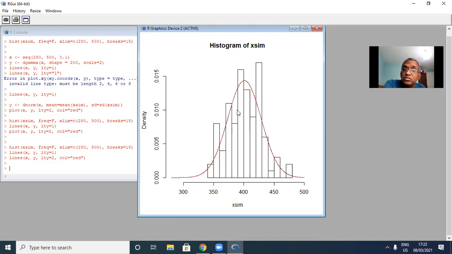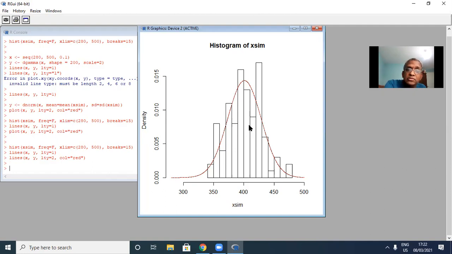You can't see them separately. By the way, xlim here is the range of the x-axis. So it specifies the range of the x-axis to go from 280 to 500. That's what xlim means.